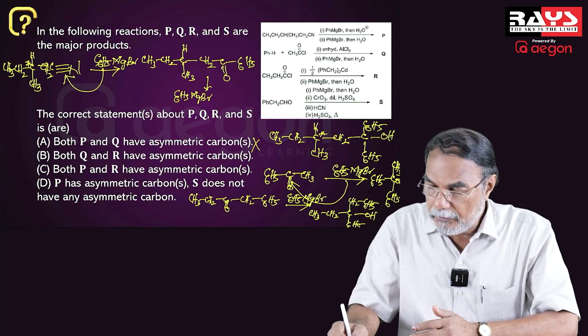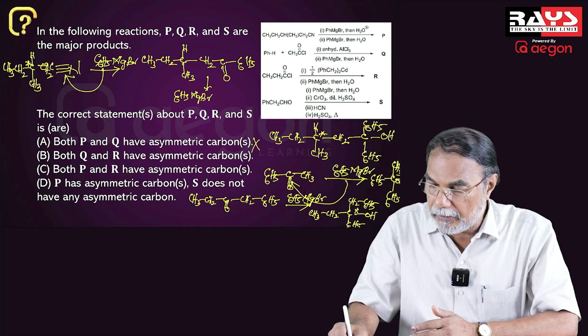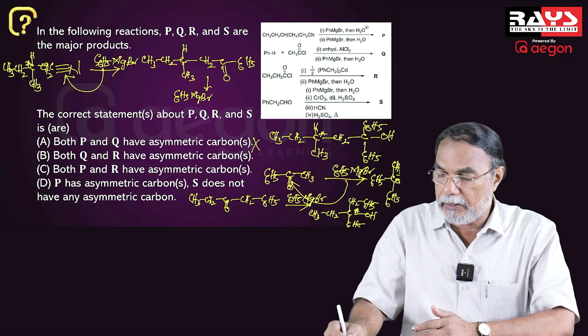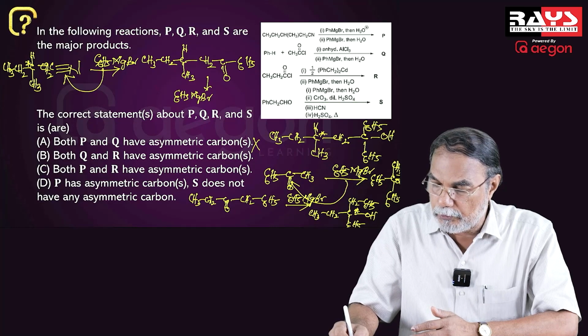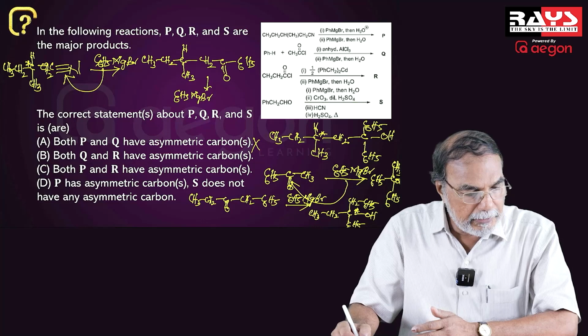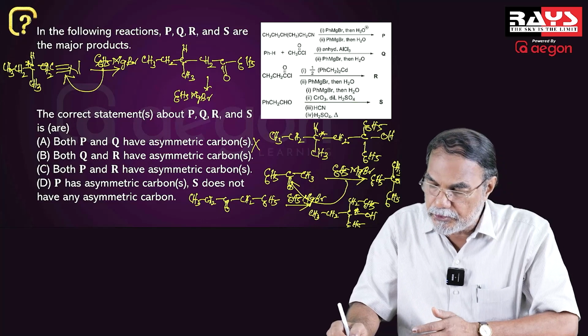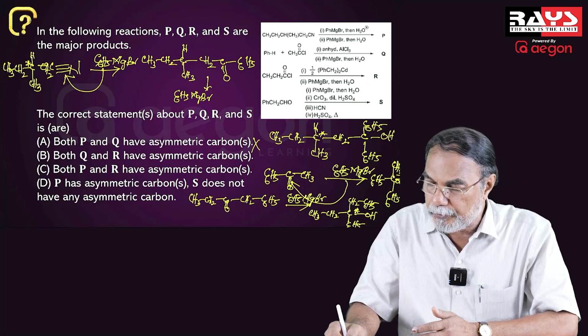That means you are getting an alcohol which contains an asymmetric carbon atom, because one group is CH2, C6H5, the second group is CH3, CH2, the third group is C6H5, and the fourth group is OH.